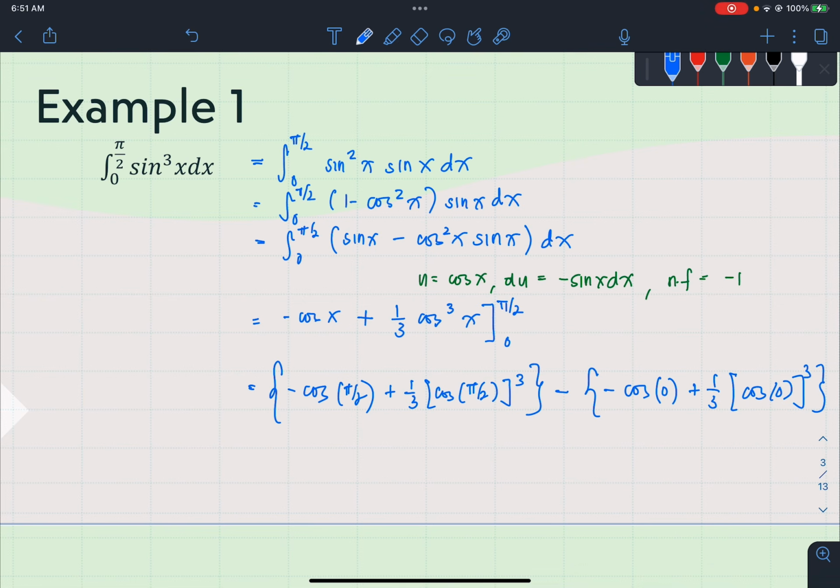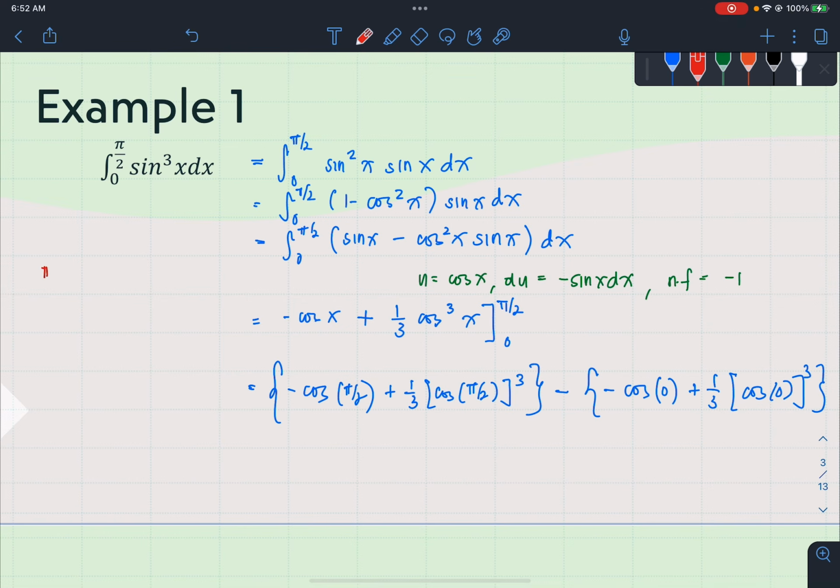So that is the evaluation of a definite integral. So now we can use the calculator. So what is cosine pi over 2? If you want to do it directly on your calculator, pi all over 2 is in radian form, so you have to make sure that your calculator is in radian mode. But if you don't want to change the mode of your calculator, which is by default in degrees, you can just simply convert pi all over 2 to degrees.